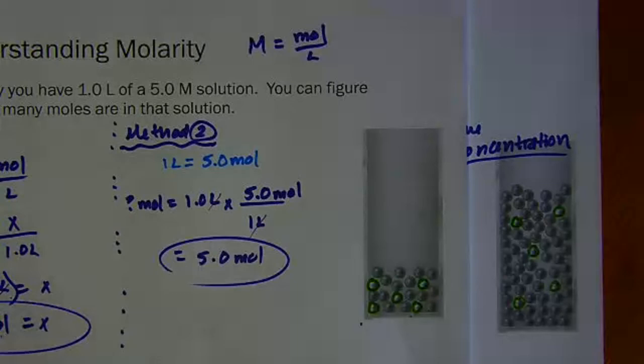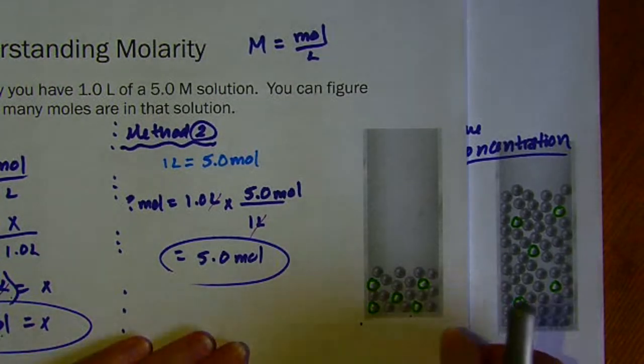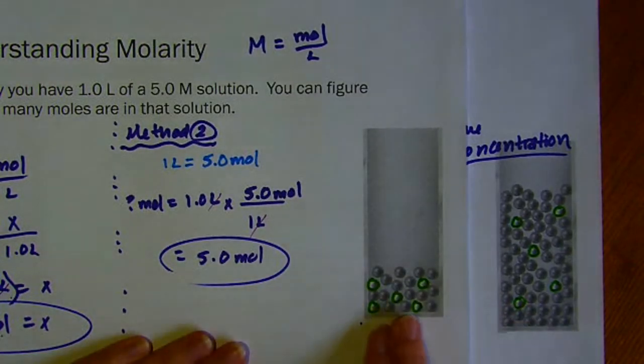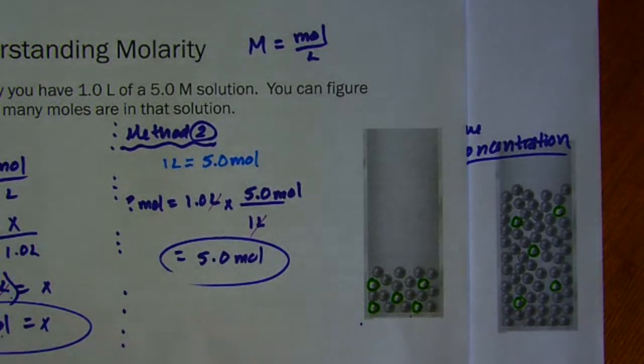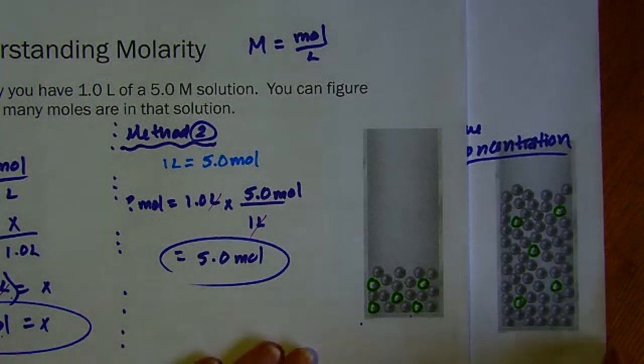The number of moles in a dilution doesn't change. It remains constant. And because of that, we have a relationship between one solution and another in a dilution. And we can often refer to that as our dilution equation. So let's take a look.